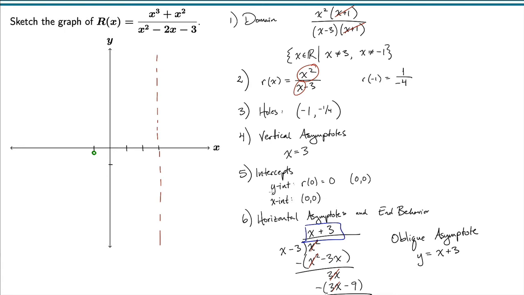So go over here to (0, 0) and plot that point. And then finally we've got our oblique asymptote as y equals x plus 3. So that's got a y-intercept of 3 and then a slope of 1. And so something like this.